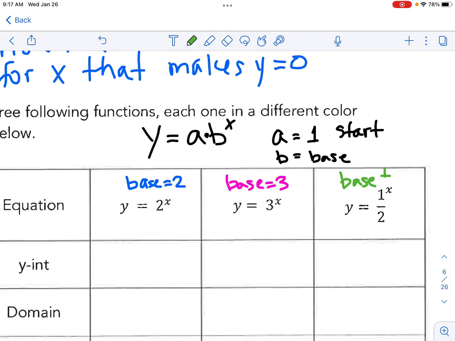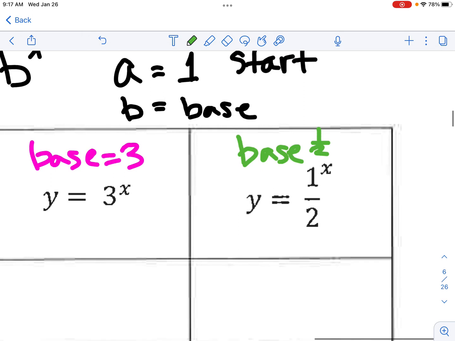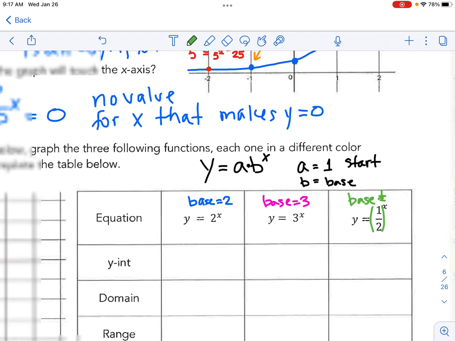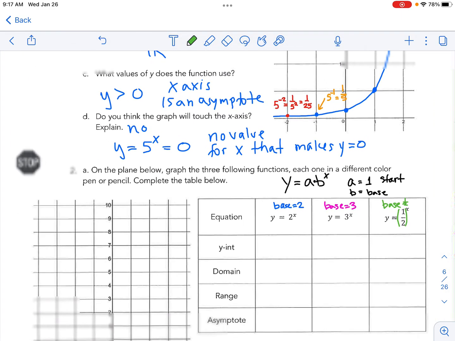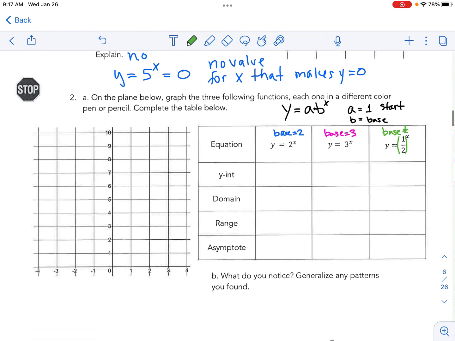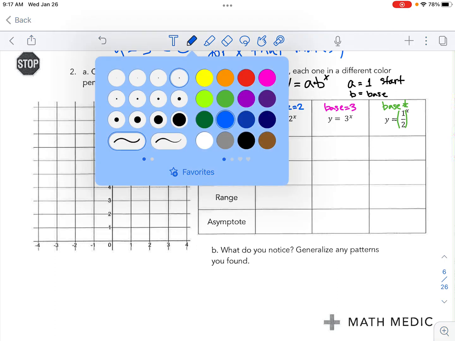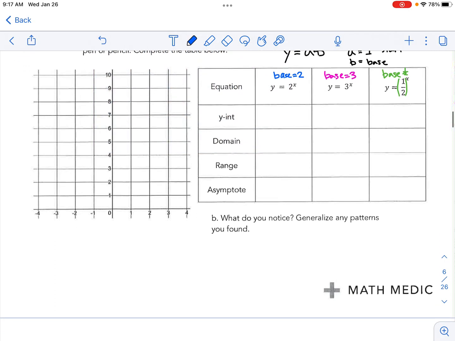And actually, looking at that last one, it's a little bit ambiguous, but I am reasonably sure that this whole fraction is to the power x, not just the 1, not just the numerator, but that whole fraction. Okay, so let's talk about that first one, base 2 to the x.